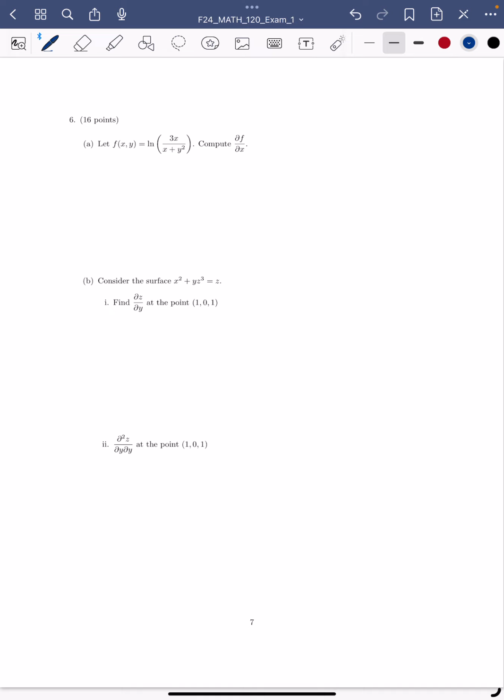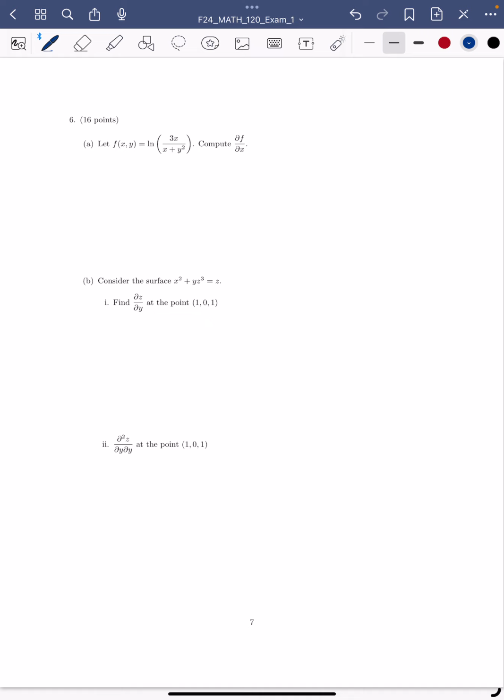Good. Now we compute derivatives, partial derivative of f with respect to x. Okay.